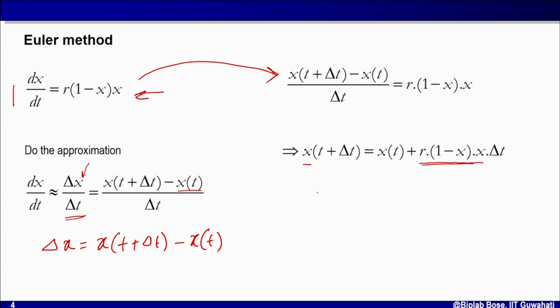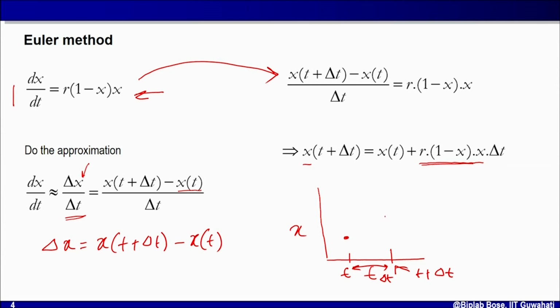That means if I will show it graphically. This is time t, x is varying here. At suppose time t, x is here, and after time delta t, this is delta t, so this is nothing but t plus delta t.